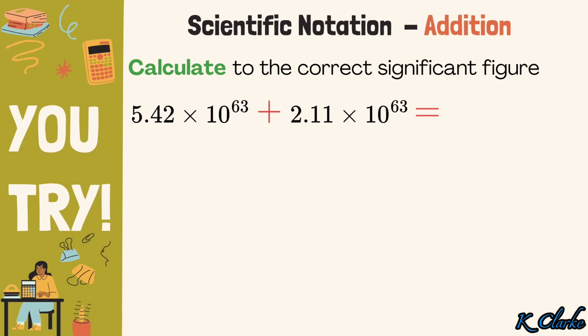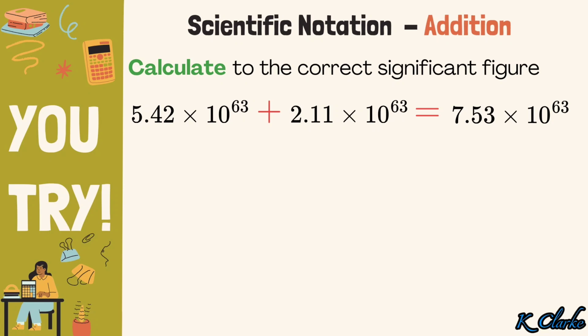The answer is 7.53 times 10 to the power of 63. This is the final answer since it has 3 significant figures. The explanations for significant figures are in the video published on September 11, 2024. Let's continue.